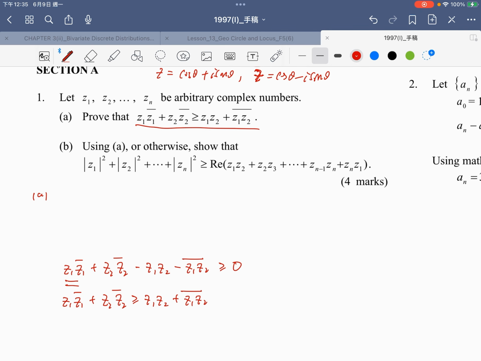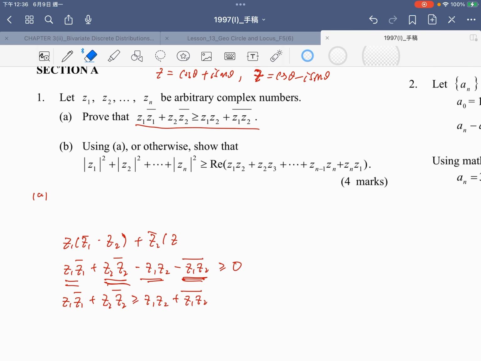Then that is minus. And for these two, I factorize the Z1 conjugate minus Z2. And for these two, I factorize the Z2 conjugate.